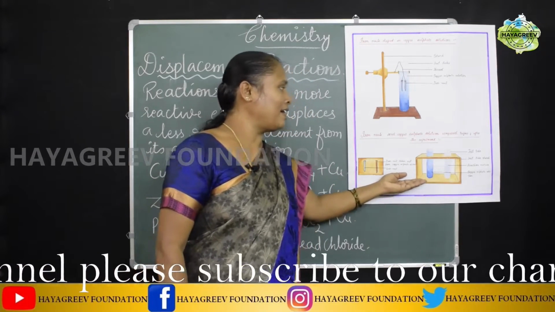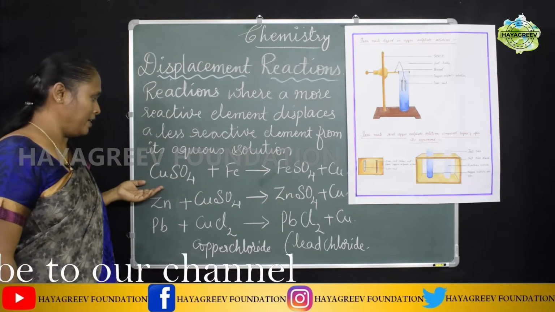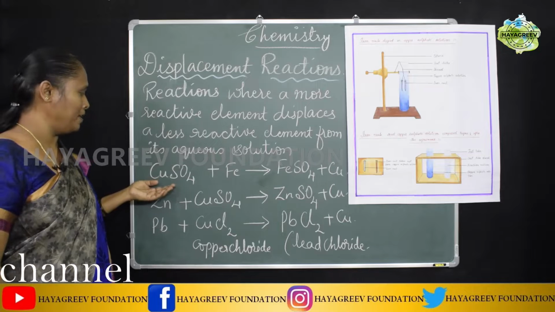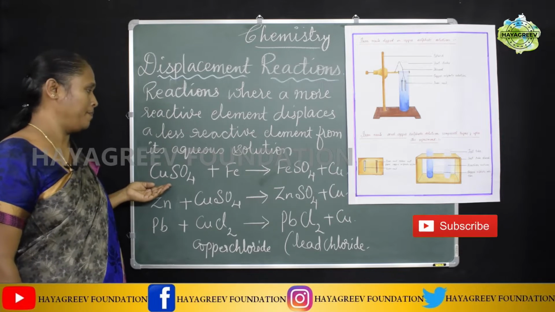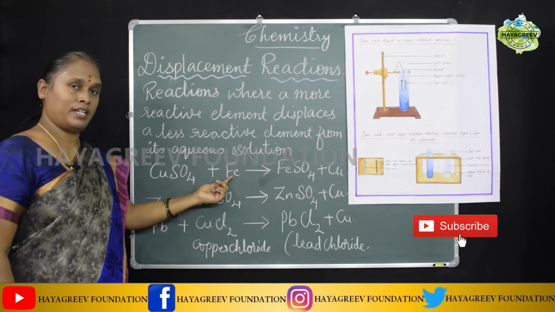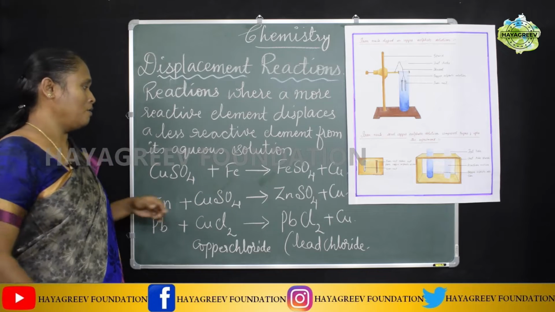Now let us understand this concept using this chemical equation. So that is what happened here. Copper sulfate was the chemical taken in aqueous form. This was a nail, the metal which was inserted into it using the thread. So what happened?